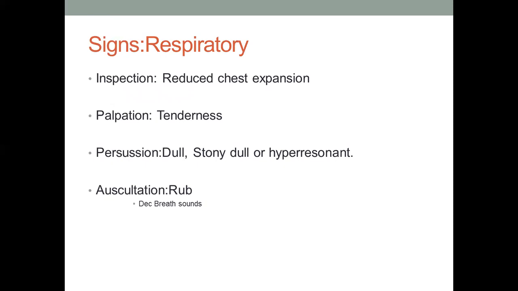In respiratory signs, we have inspection, palpation, percussion, and auscultation. On inspection, there will be reduced chest movement and expansion on the effusion site, or there may be tenderness if the patient has empyema or pus in the pleural space, and the patient has a dull, stony dull, or hyper-resonant percussion note.